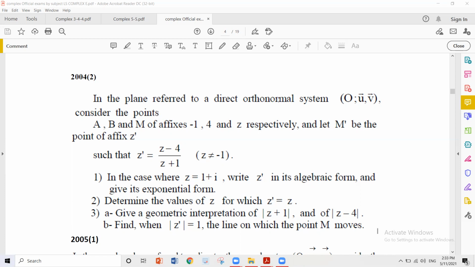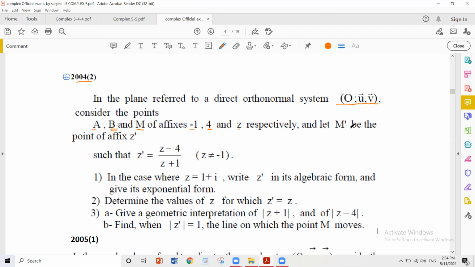Okay, let's start. 2004, second session. In the plane referred to a direct orthonormal system OUV, consider the points A of affix minus 1, B of affix 4, and M of affix z.